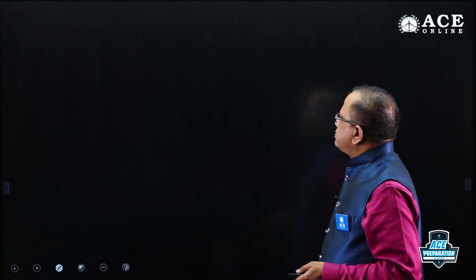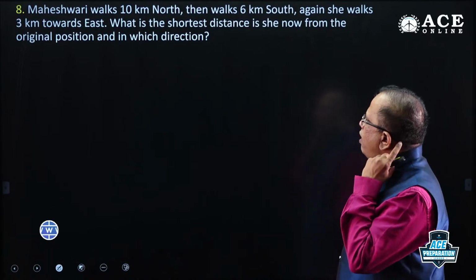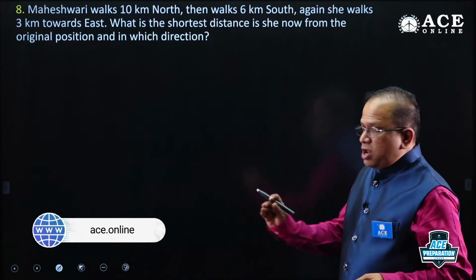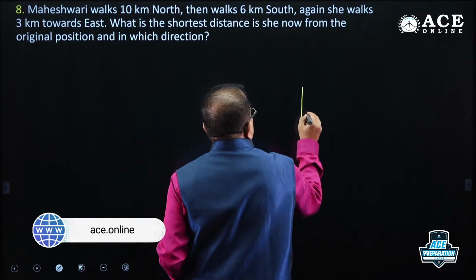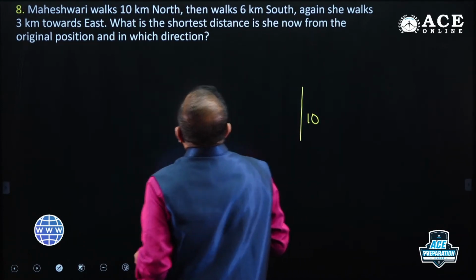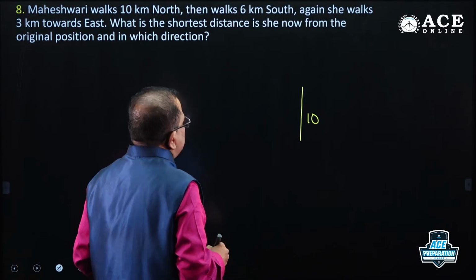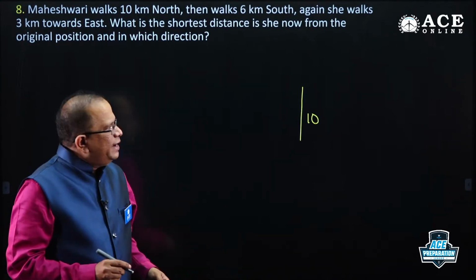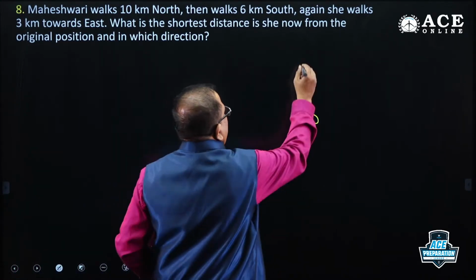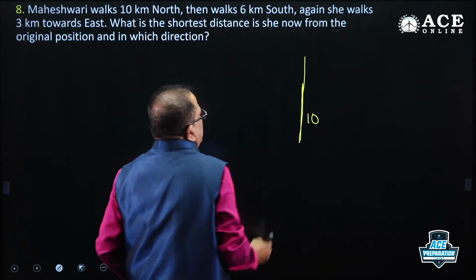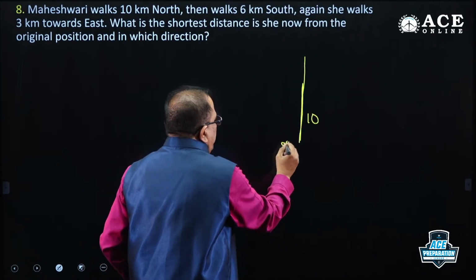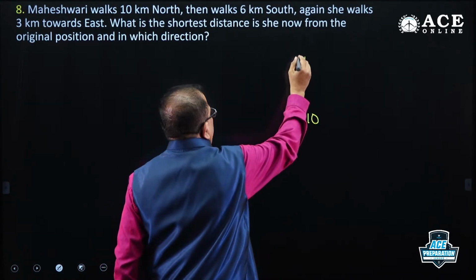Next one. Maheshwari walks 10 kilometers towards north. So, this is north, this is 10. Then walks 6 kilometers south. Let us draw a longer line. So, this is 10. This is the starting point. She moved towards north for 10.